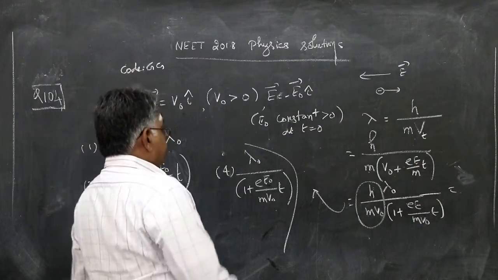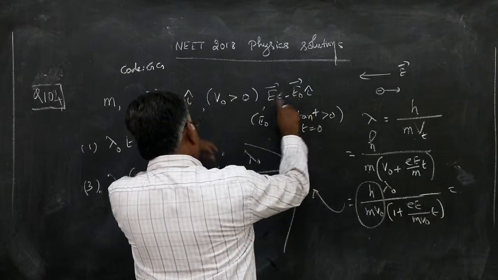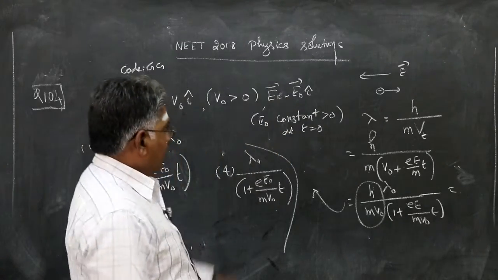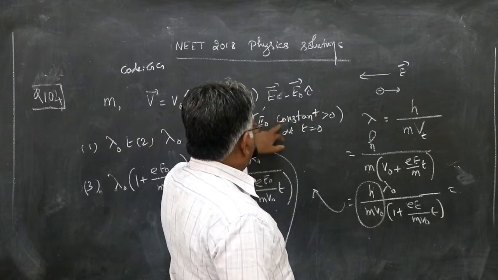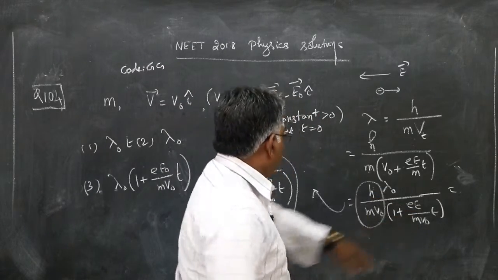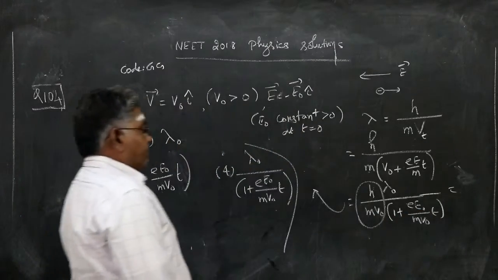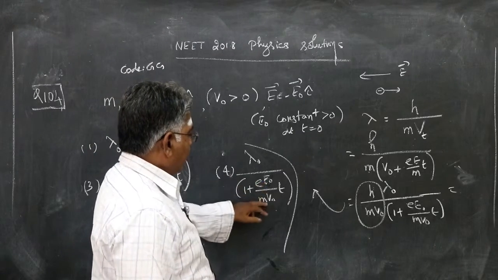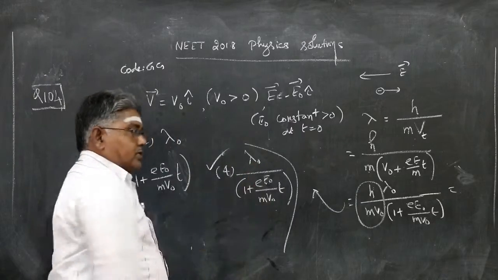Electric field doesn't change, E is minus E naught only, and he has given only E naught in the question. E is equal to minus E naught and constant, so instead of E you can even put E naught. So lambda naught by 1 plus E naught by m v naught into t. So option 4 is correct.